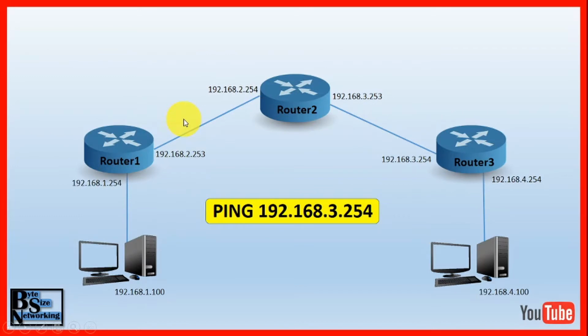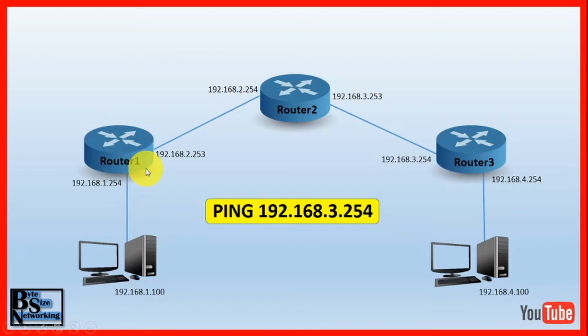Okay, in the next ping example, we're going to run a ping request to an IP address that resides on network 3. So we're going to ping 192.168.3.254. Now what's going to happen in this instance is the ping will be generated from our workstation. That IP address does not exist on network 1, so the request is then forwarded to the default gateway.